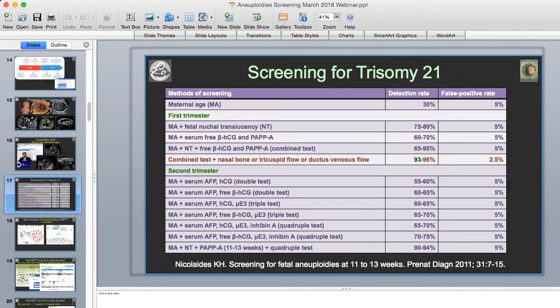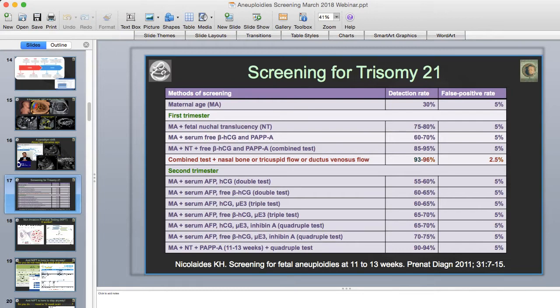But do remember that the triple test, which is maternal age plus serum alpha fetoprotein, free beta HCG, and free estriol, has a detection rate of only about 65 to 70%, and not universal as some people believe it to be today. In fact, we have to tell patients that, look, although this is an inexpensive alternative, it is probably the least sensitive of all our alternatives. The quad test, to which we've added the inhibin A along with whatever was in the triple test, has a better detection rate of about 75%.